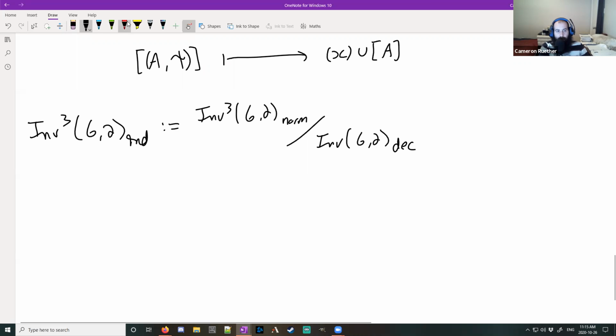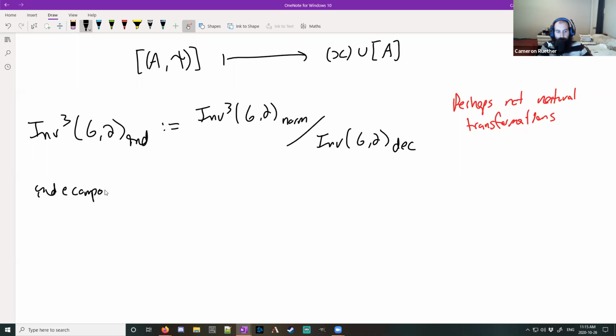And just a warning, these are perhaps not natural transformations. It's more of just a quotient that produces some group. You may not have this nice functorial natural transformation behavior anymore, but nevertheless, this is a useful thing to look at. And as I said, these are called the indecomposable invariants.